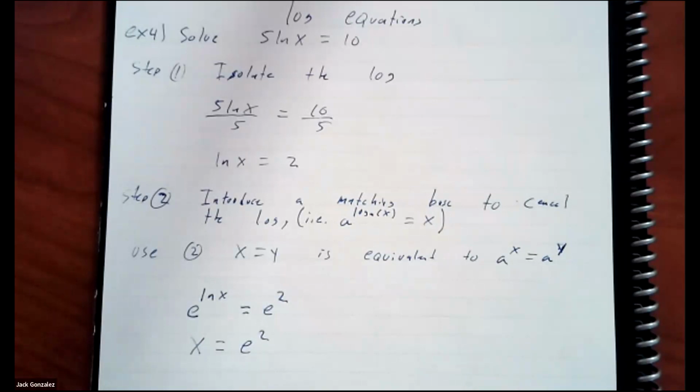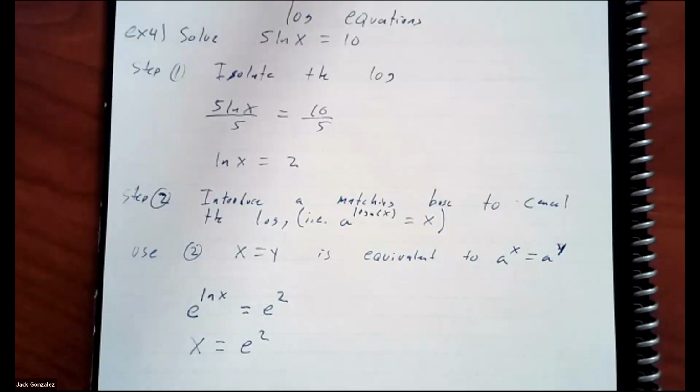Let me know. I'm trying to go slow because I know this is a tough section. This is all log equations; the first 3 were exponential type. Okay, so that was the first type of log equation.